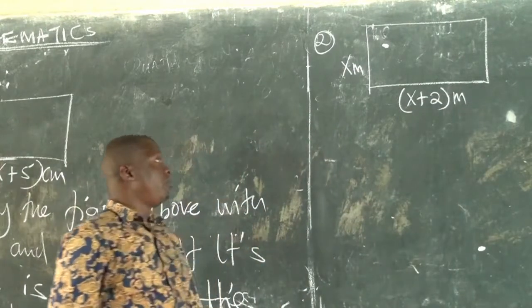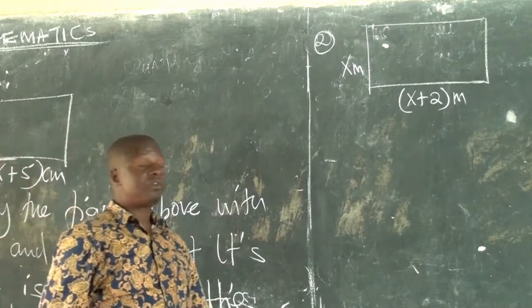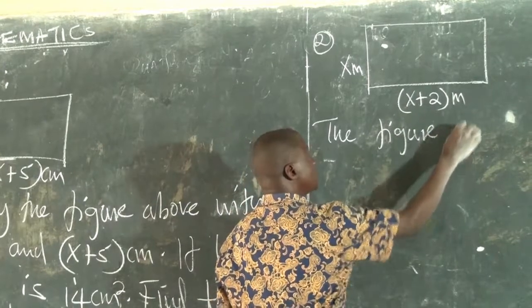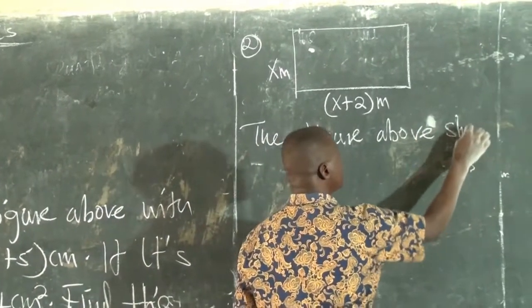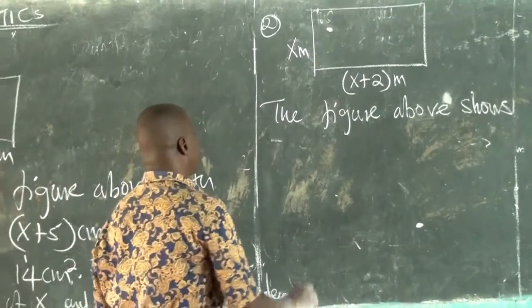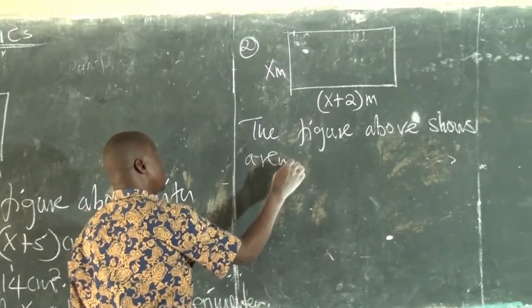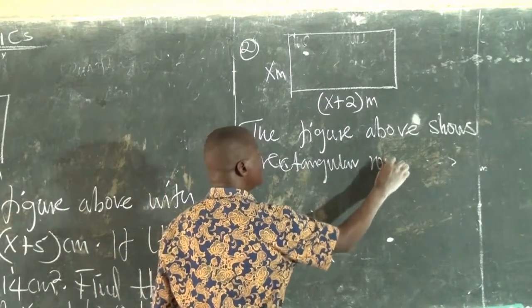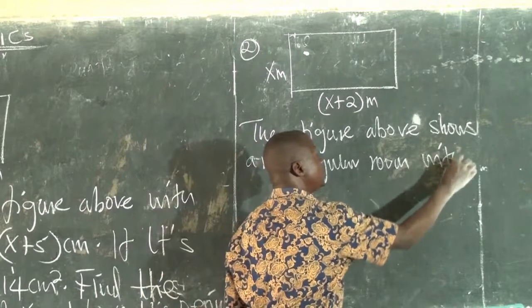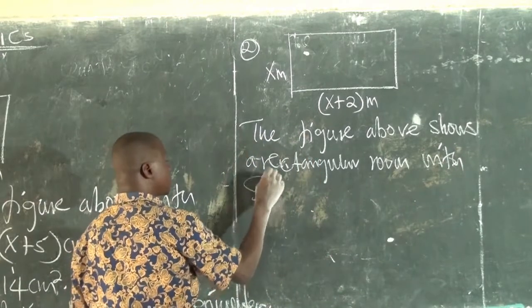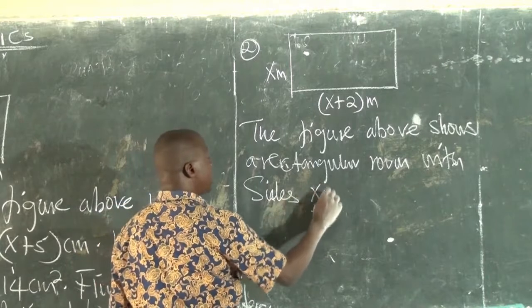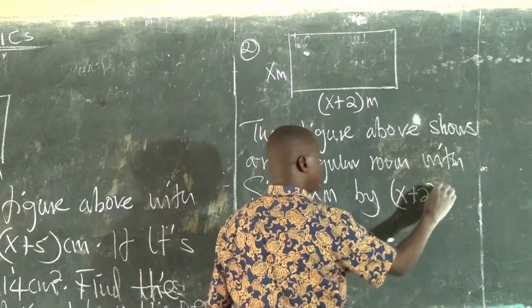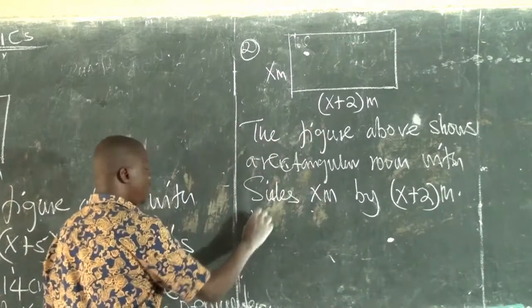Now the figure above shows a rectangular floor with the sides x meters by x plus 2 meters.